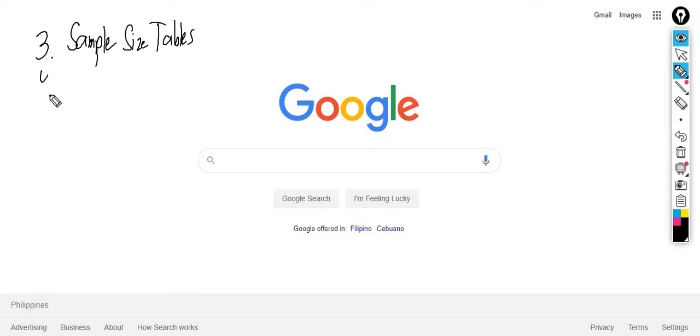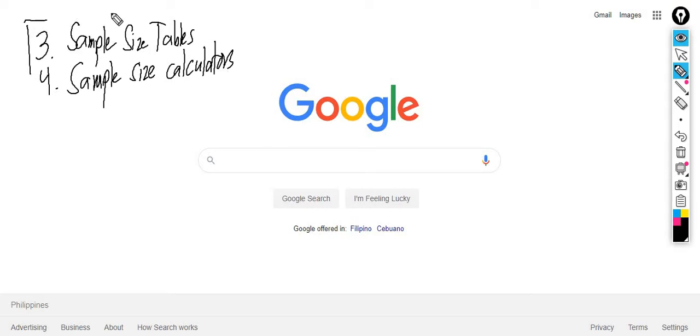And the fourth general tip is to use sample size calculators. So we're going to look at these two and how they will make our lives even easier in looking for our sample sizes. So let's look first at our sample size tables.